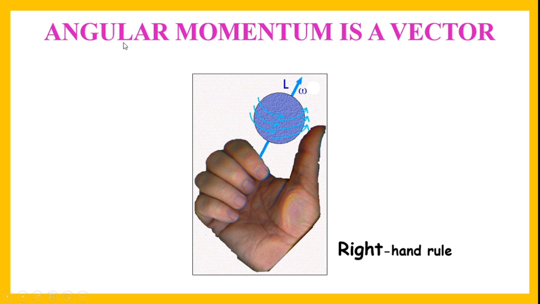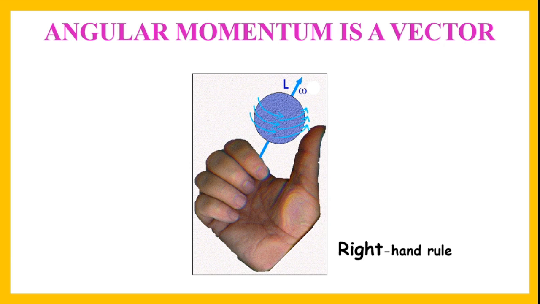Now, angular momentum is a vector. As we know, linear momentum is also a vector which depends on mass and velocity. In the same way, angular momentum is also a vector which depends on the product of moment of inertia and angular velocity.